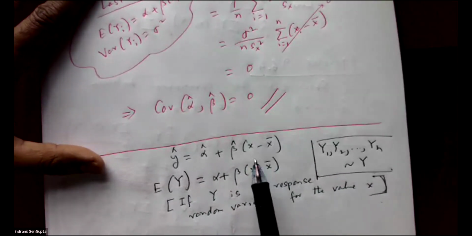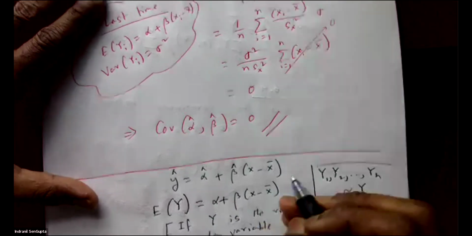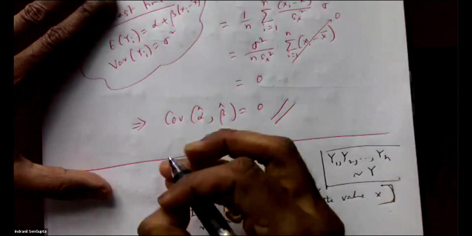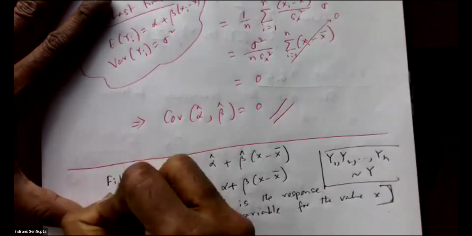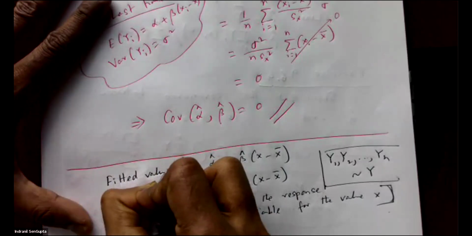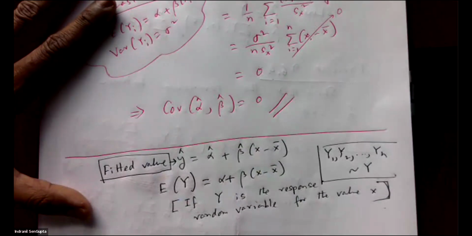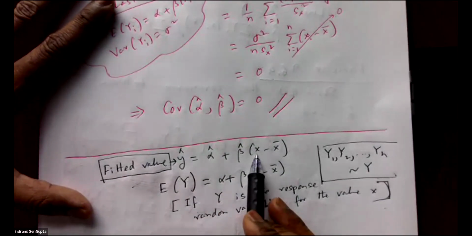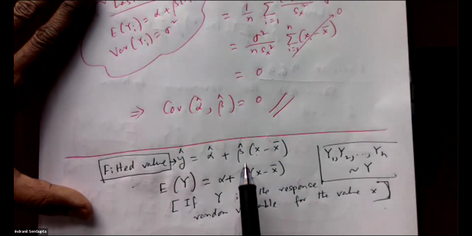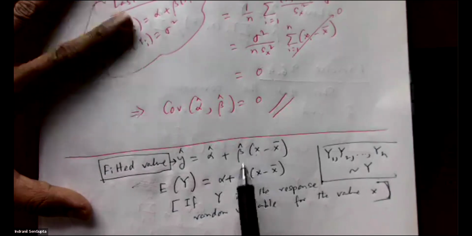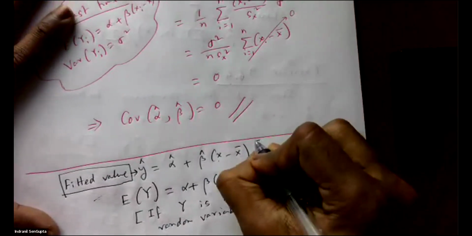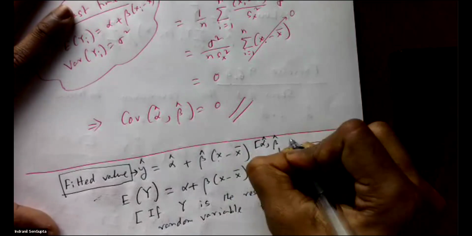Please note the difference. This is the fitted value for x. Here we have used alpha hat and beta hat.